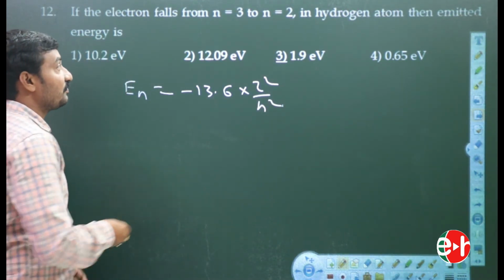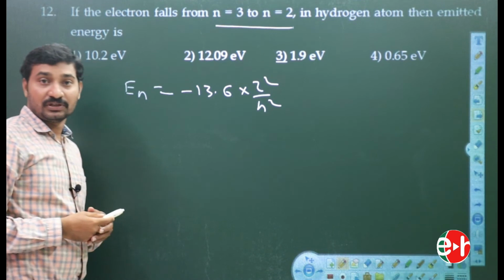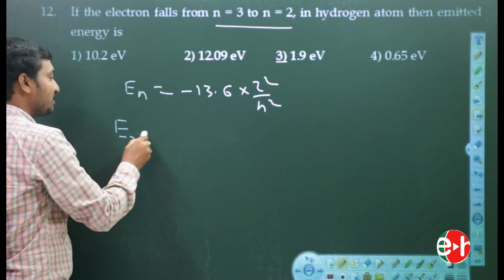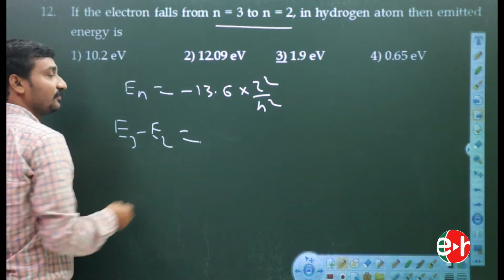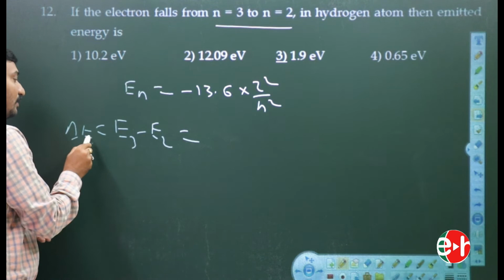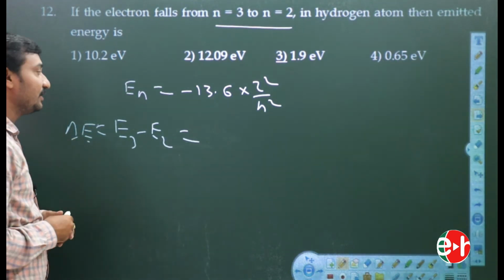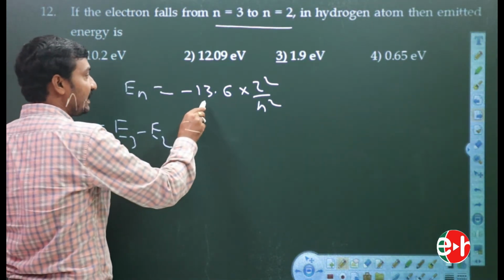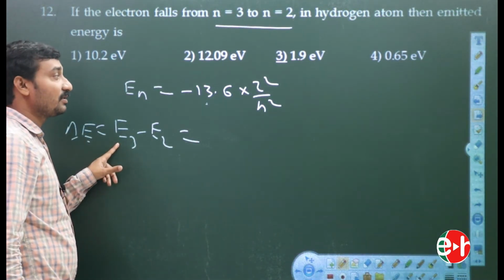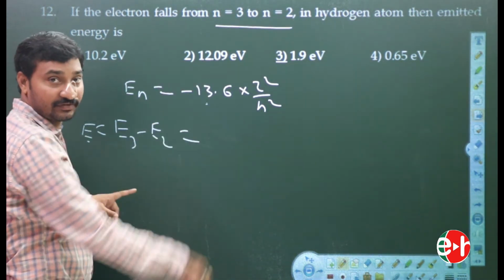Now the electron jumps from n equal to 3 to n equal to 2, that means third orbit to second orbit. So you can take the difference E3 minus E2, that is delta E. Here minus 13.6 Z square is common, because it is a hydrogen atom.